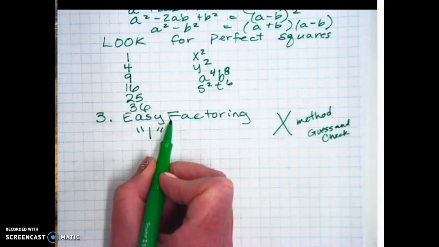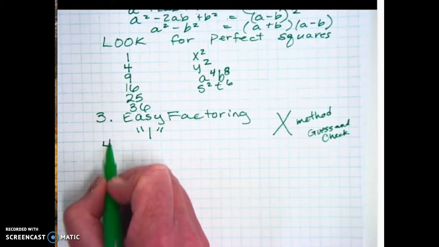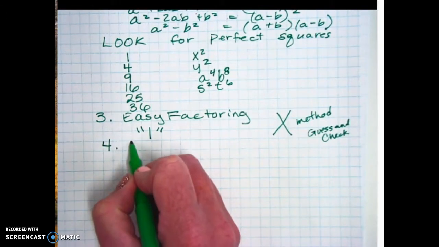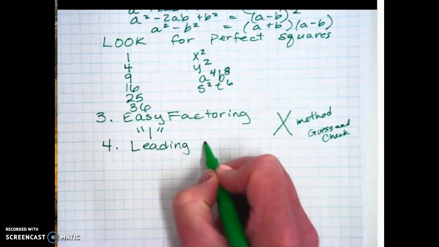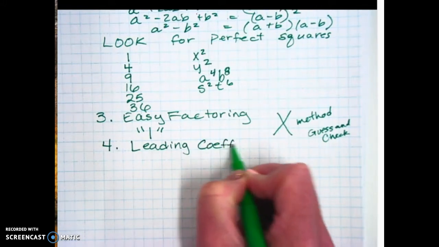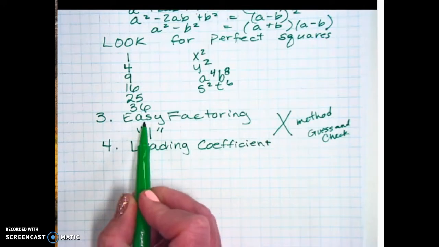If it's not easily factorable, then you want to try the 4th thing. And you usually do this when you have a leading coefficient other than 1. So if the leading coefficient is 1, use easy factoring.